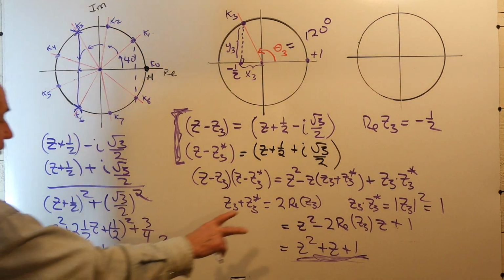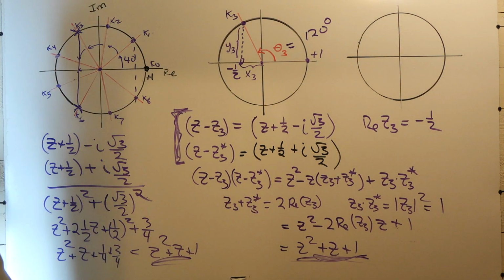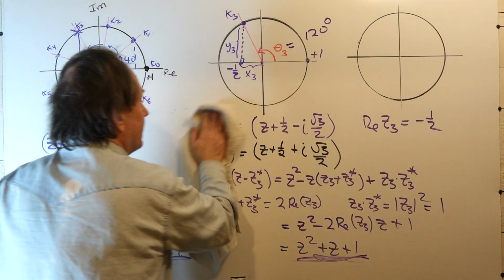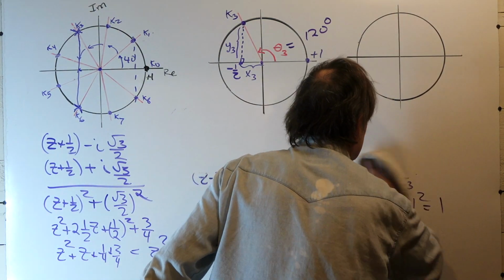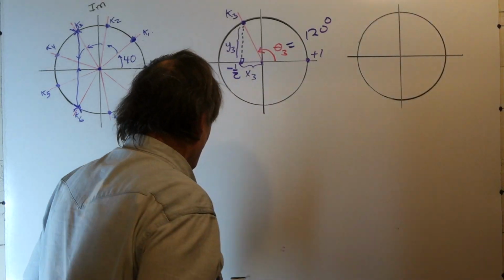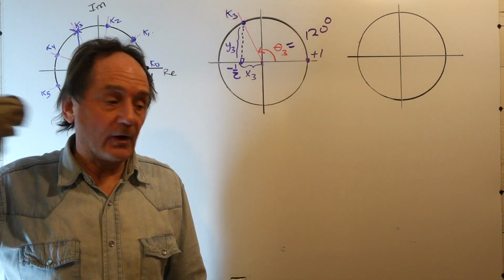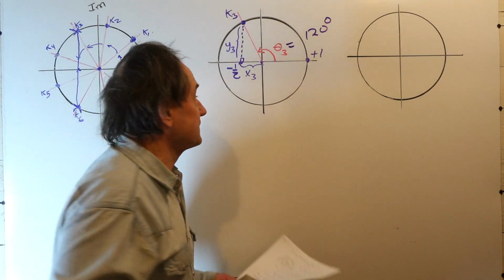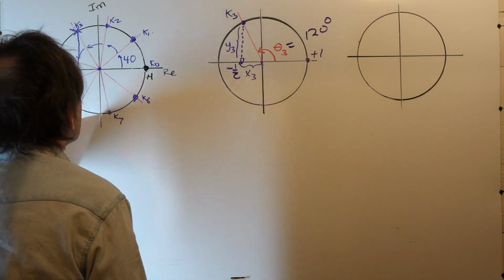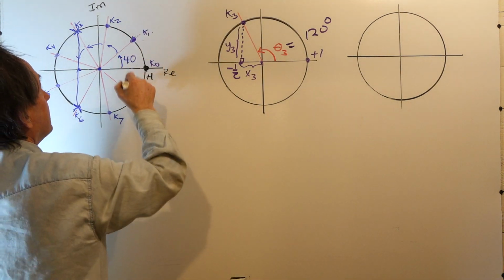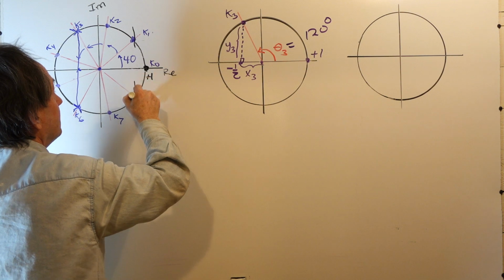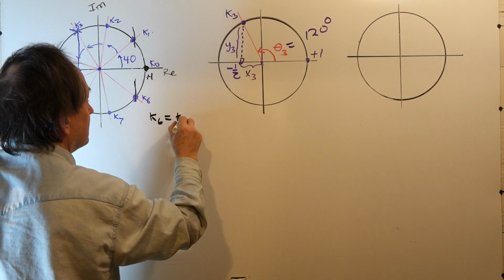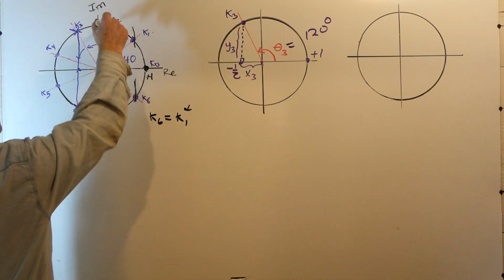So we see that the quadratic factors corresponding to a root and its complex mate always give us quadratic factors that have real coefficients. We can now write down quite easily all the quadratic factors corresponding to complex conjugate pairs of roots. For example, if we take the K1, K6 pair, these are complex conjugates. K6 is a complex conjugate of K1.